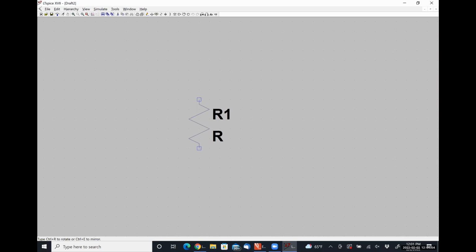We had a resistor in series with a capacitor, and the resistor was oriented like this. Our capacitor was oriented like this.